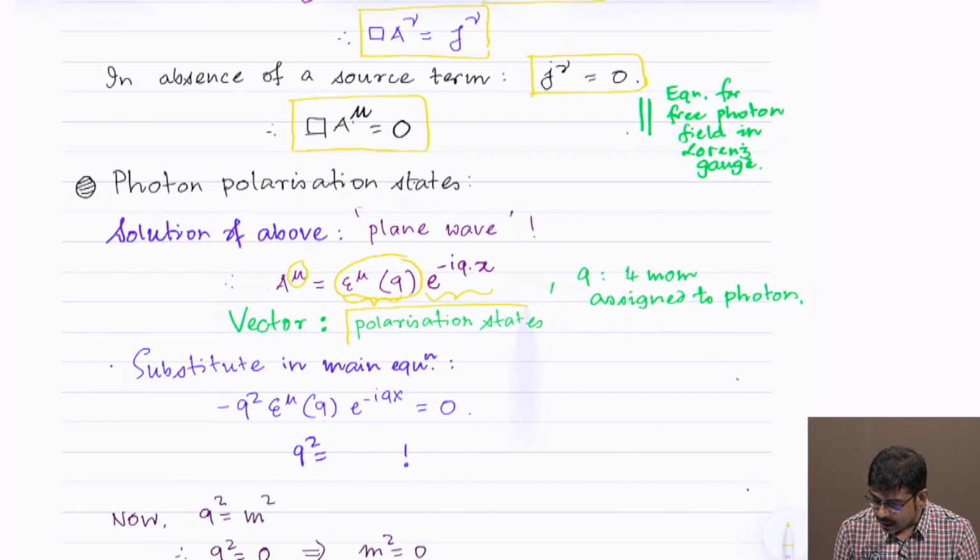So, the A^μ field, which is the electromagnetic field or the photon field, is a vector field, and its credentials are now embedded into this polarization vector or polarization states, defined in terms of ε^μ(q), otherwise it satisfies a plane wave solution.